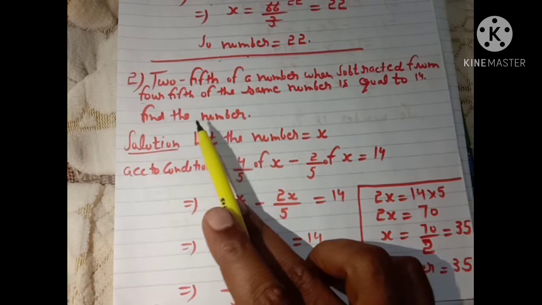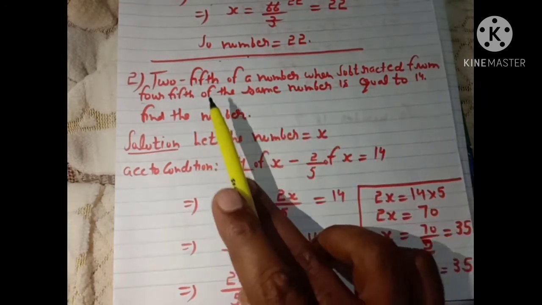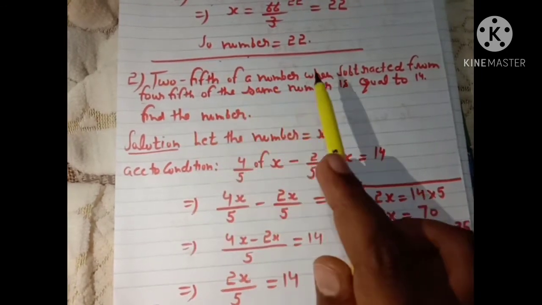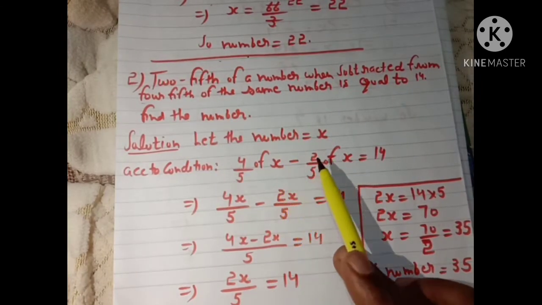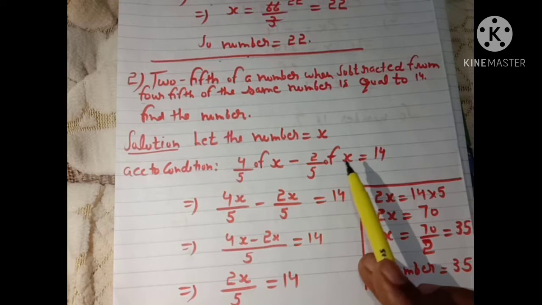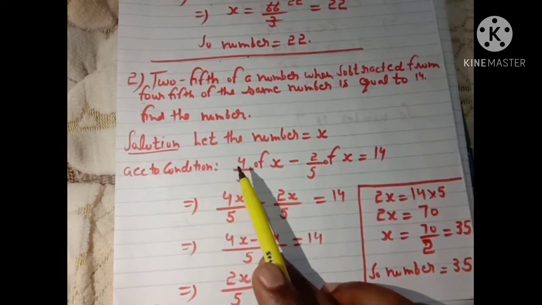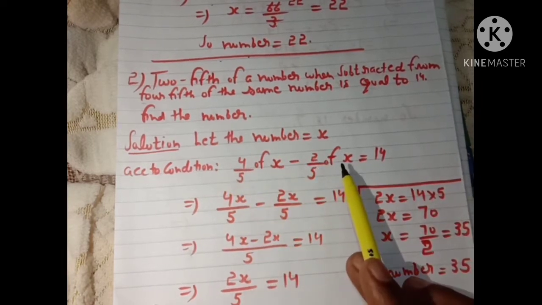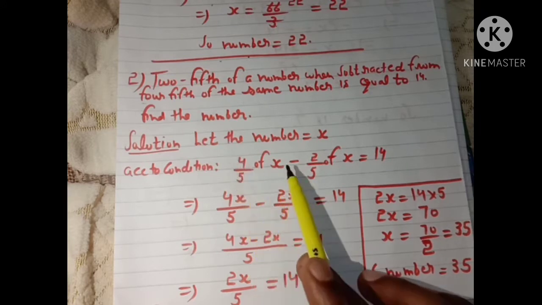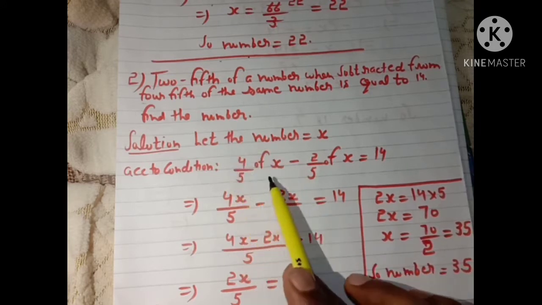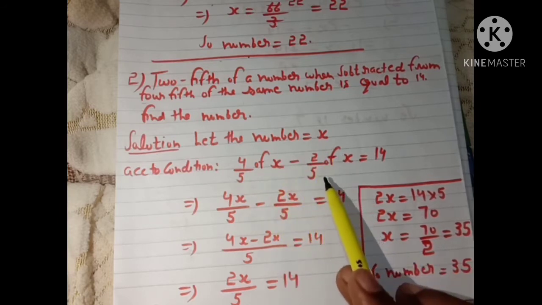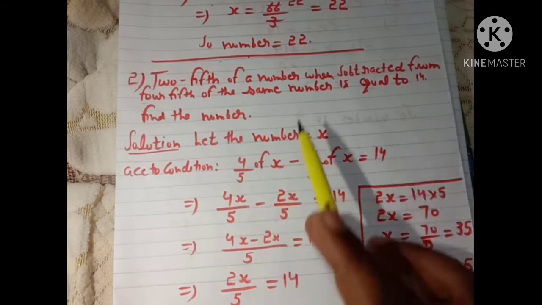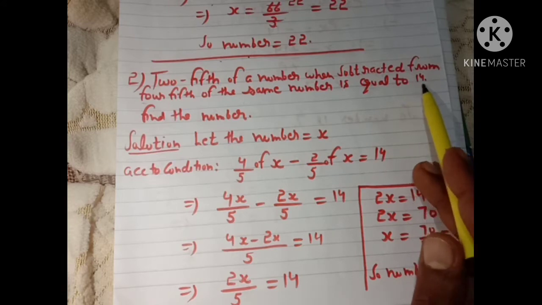Now 2/5 of the number is subtracted from this 4/5 of the number, so here we have to subtract 2/5 of the same number. So we have to write 4/5 of x minus 2/5 of x is equal to 14. Here this 14 is given to us.